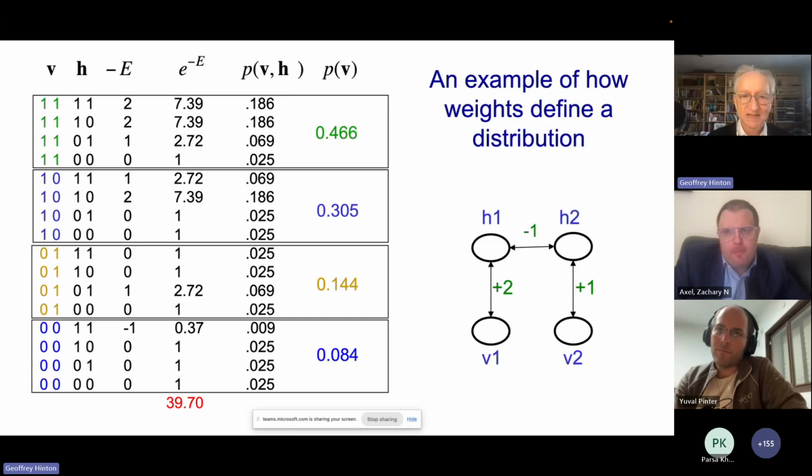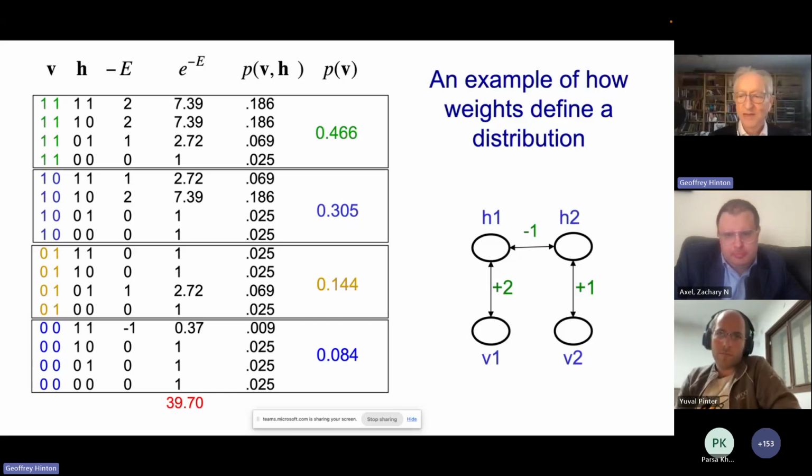So there'll be probabilities. And if you want to compute the probability in this particular Boltzmann machine, if you run it to thermal equilibrium by updating the states of the units many times, what's the probability we'll see 1, 1 on the 2 visible units? Well, it's 0.466. There's 4 different ways you could see it, depending on the 4 different states of the hidden units. 2 of them have quite high probability. 2 of them have lower probability.